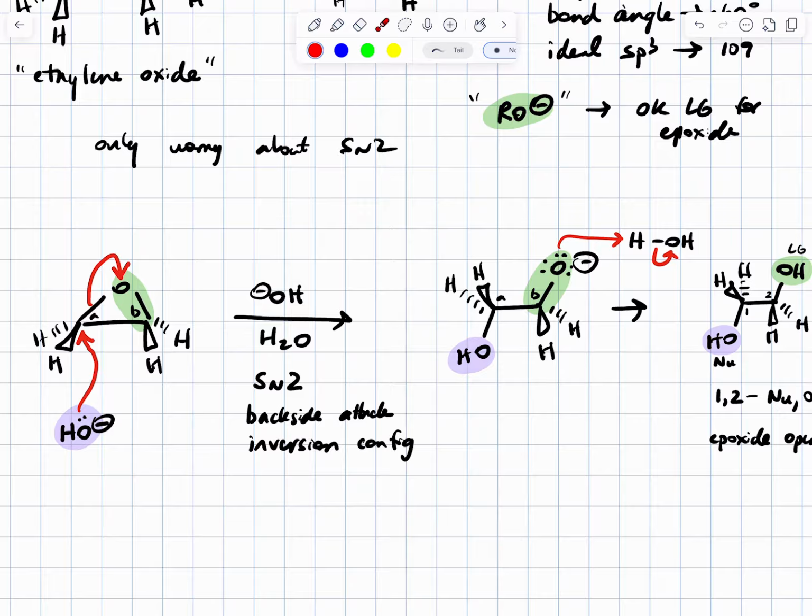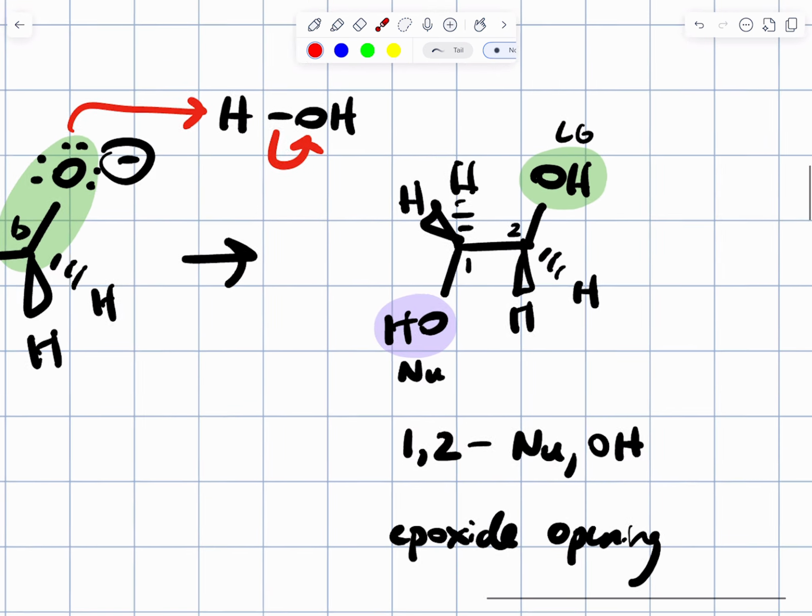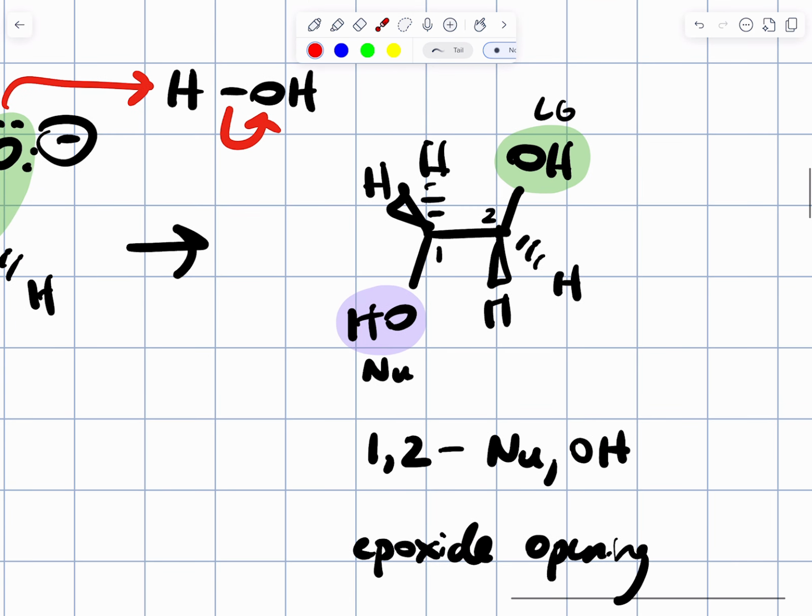Effectively, we just add water to protonate the stuff that's negatively charged. The product of an epoxide opening has a nucleophile and an OH group on adjacent carbons. So anytime you see an OH group with an adjacent nucleophile, one bond away, that's an indicator that you could have made that molecule by opening up an epoxide.